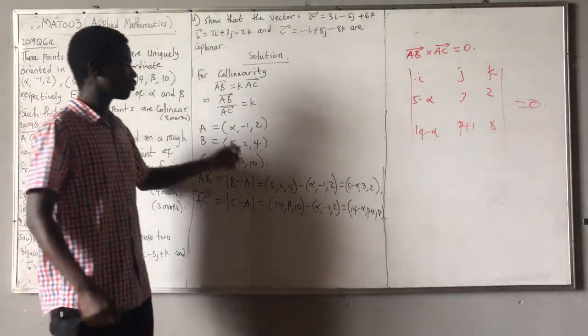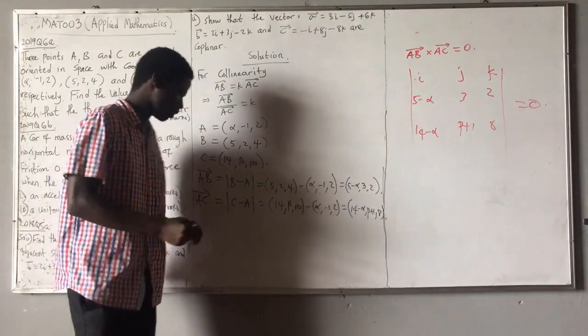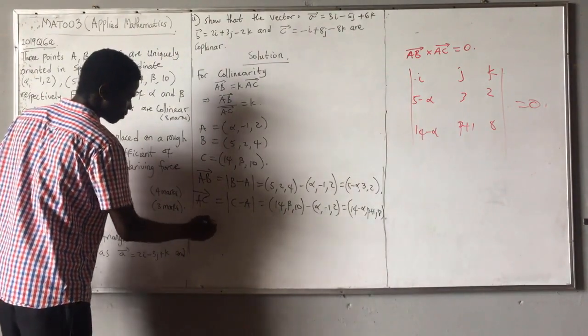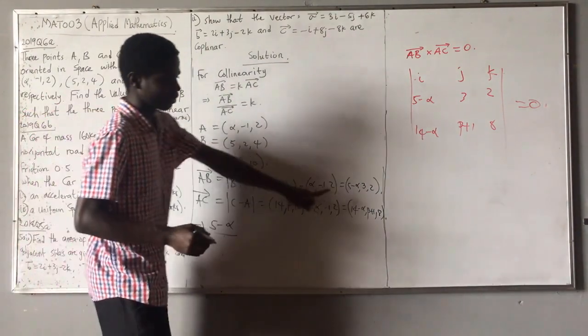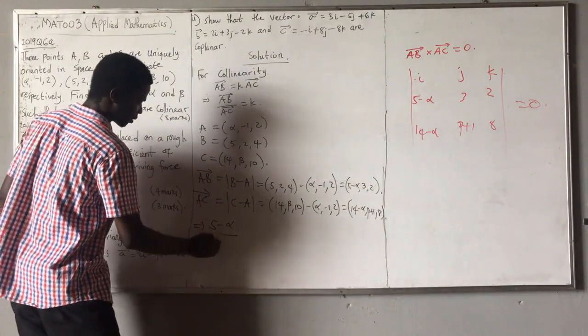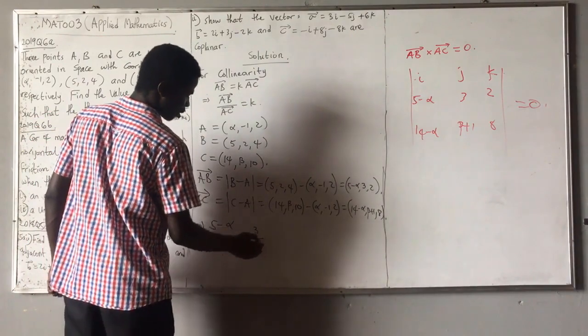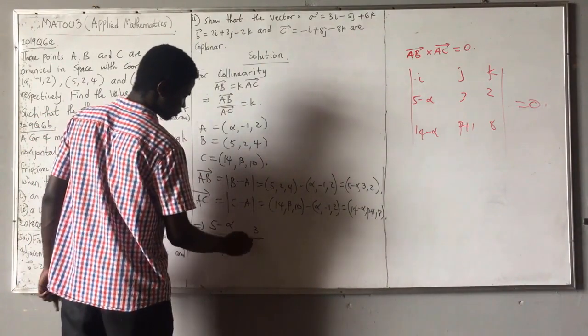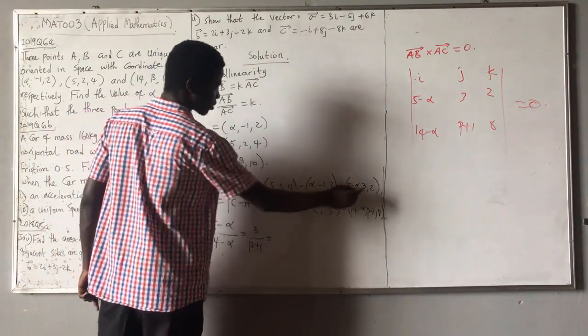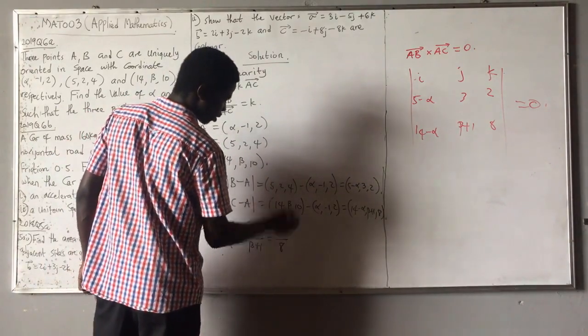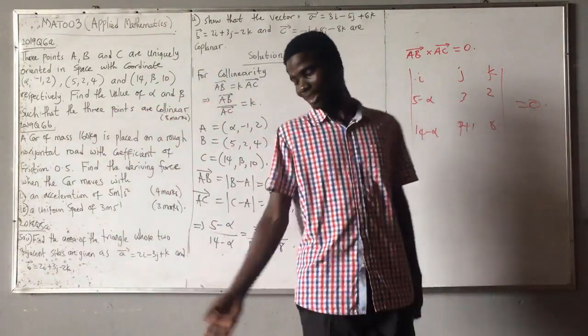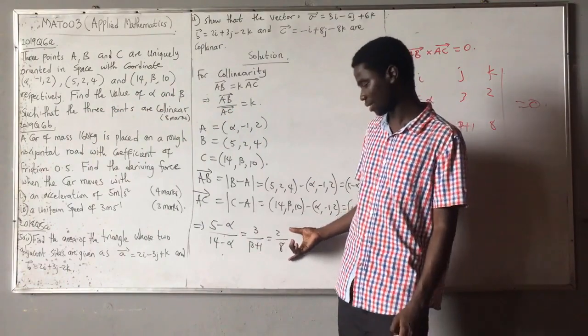This one means ratio. The first component here is 5 minus alpha, so 5 minus alpha all over 14 minus alpha must be equal to 3 all over beta plus 1, and it must be equal to 2 all over 8. This is the constant, the scalar we are talking about.